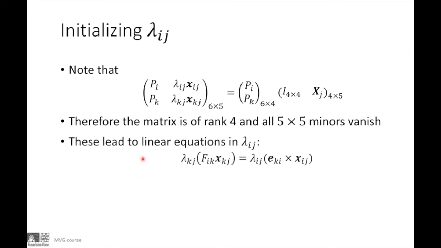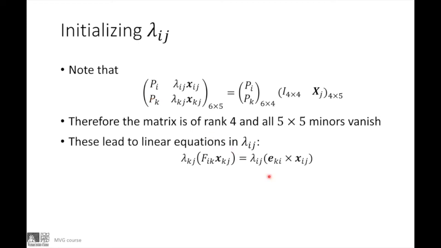This system of equations is linear in the lambdas, in the projective depth. In fact, we take determinants here of Pi, Pk, the two camera matrices. And if you remember from the previous slides, such determinants give you entries of the fundamental matrix and the epipoles.